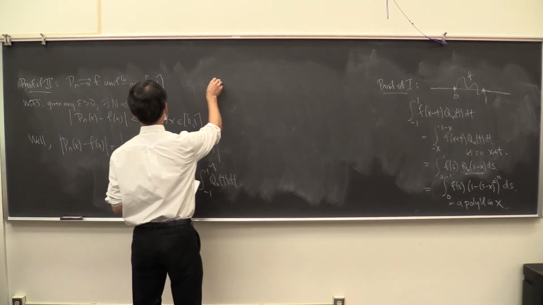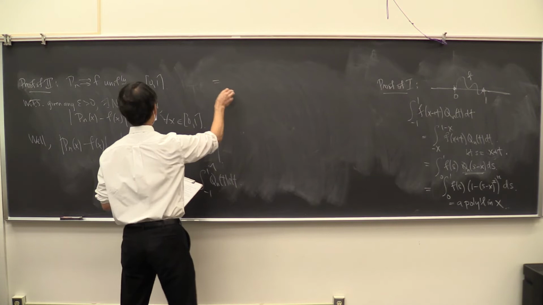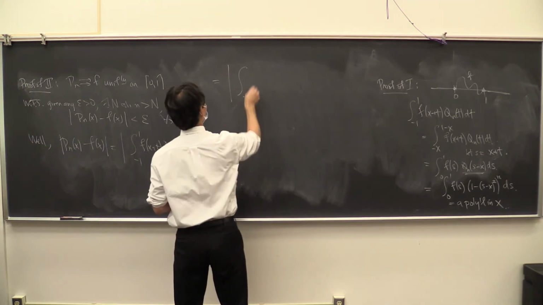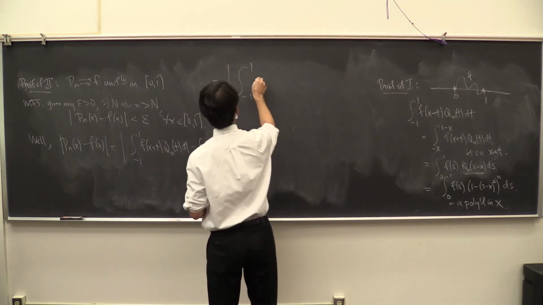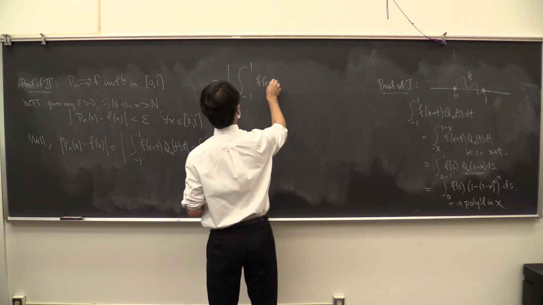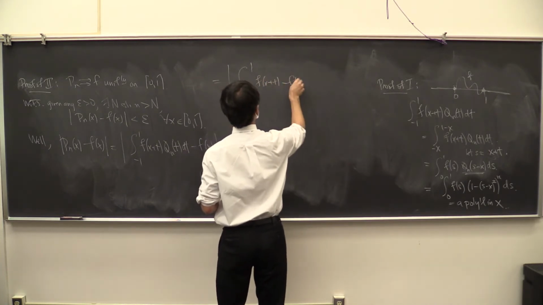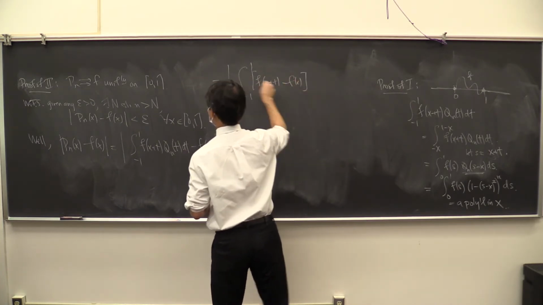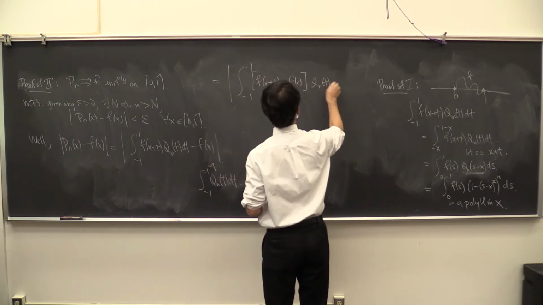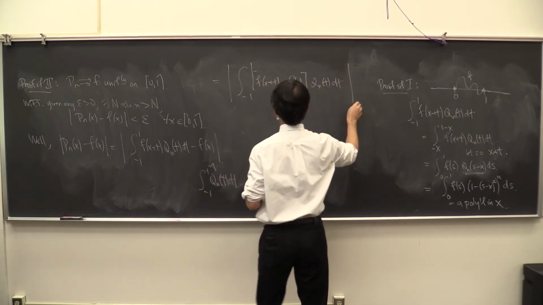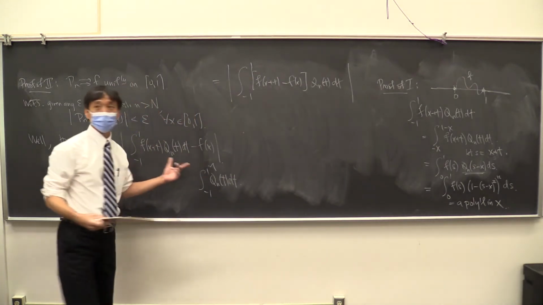So we get the integral from -1 to 1 of f of x plus t minus f of x times Qn t, after we combine those two integrals together.